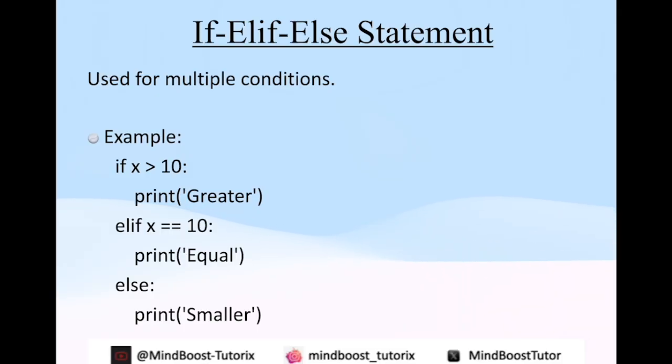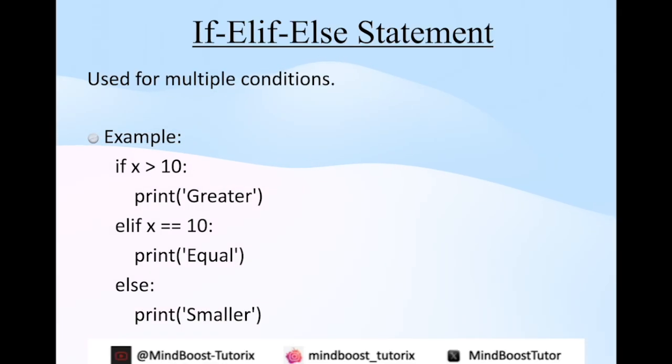If you leave out the elif condition, you are just checking within an if else condition, right? What about x equal to 10? Then here we can use the elif condition. This is the example: x greater than 10, then it will print greater.